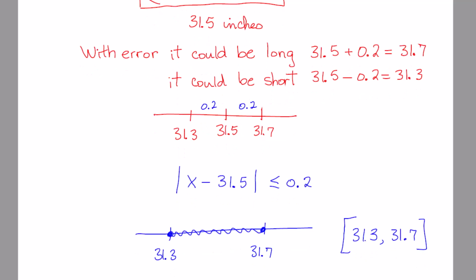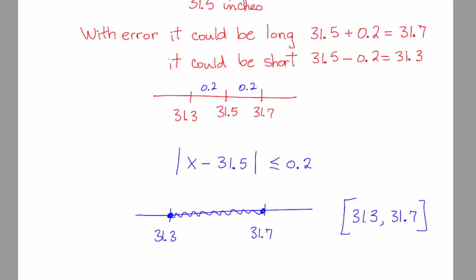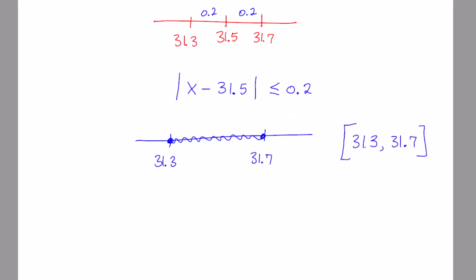And so the solution is the measurement could be anywhere in between 31.3 and 31.7. So a real world application of absolute value. All right, remember, stop the video. If you get lost somewhere, go back, rewind, listen again, think about it, and try more.